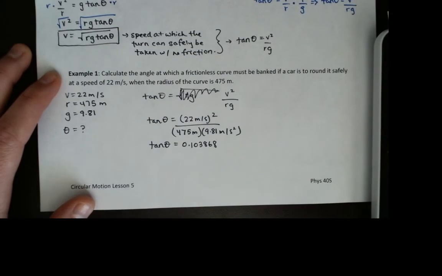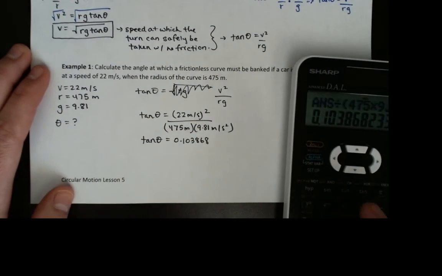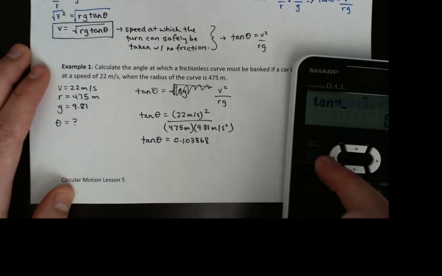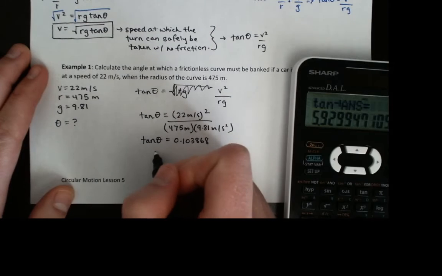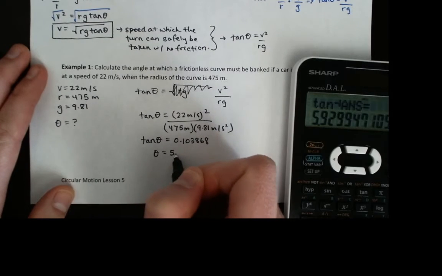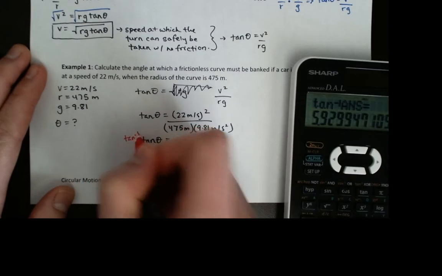That's our angle? No, we gotta take the inverse tangent. So inverse tan gives us 5.9 degrees. I'll just write that down.